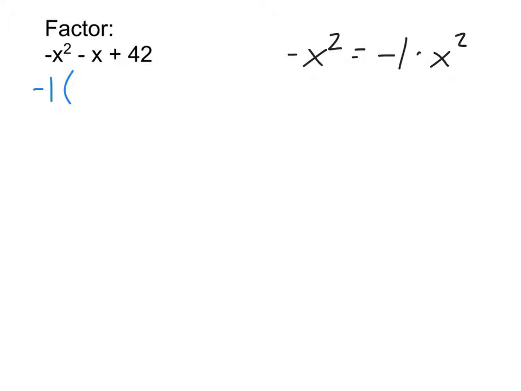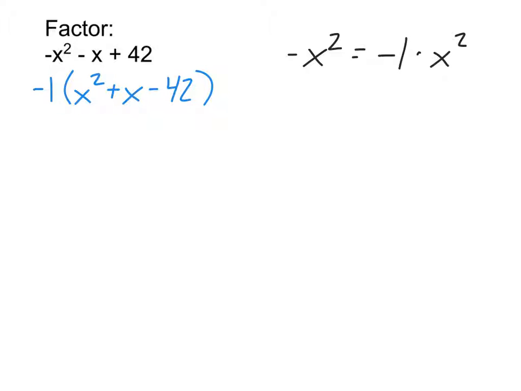If we do that, that just effectively is flipping all the signs. So a -x squared divided by -1 becomes a positive x squared. A -x divided by -1 becomes a positive x. And a positive 42 divided by -1 is a -42. Now, I gotta say though, as a math person, that -1 sitting out front of the parentheses kind of makes me twitch a little.